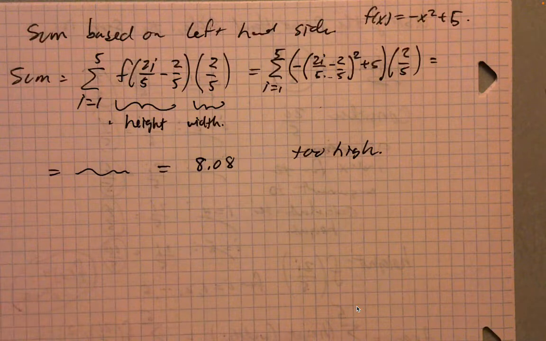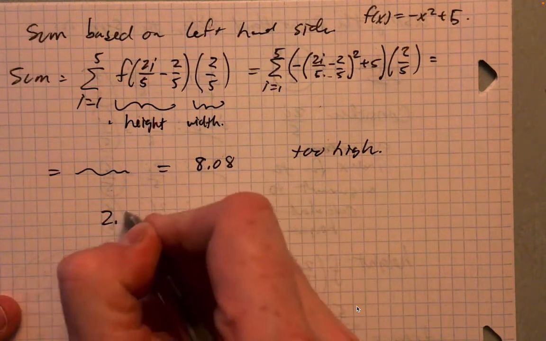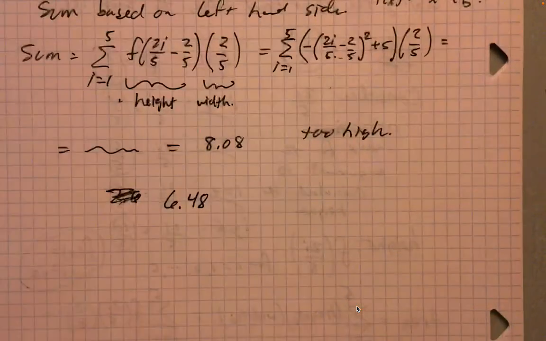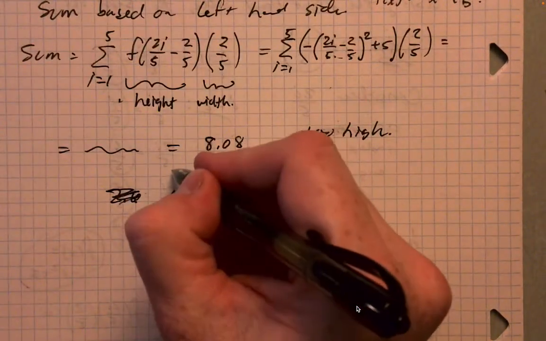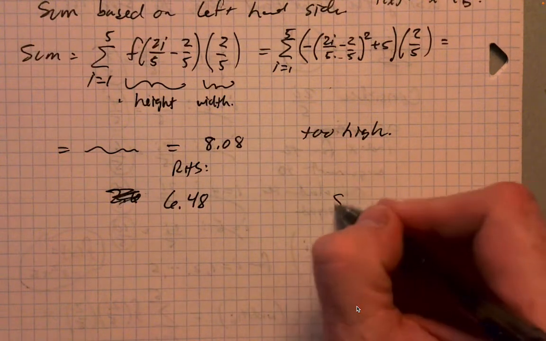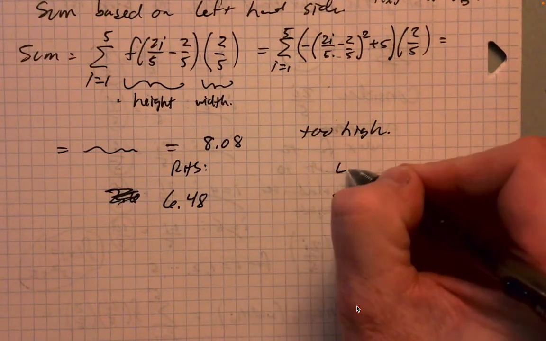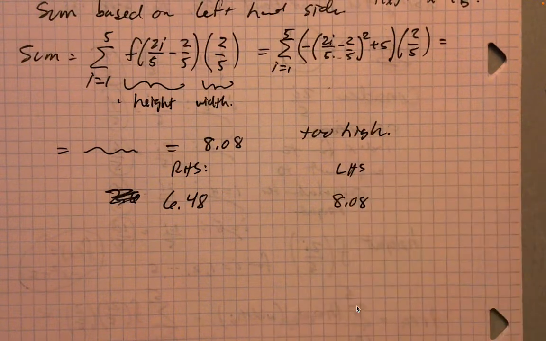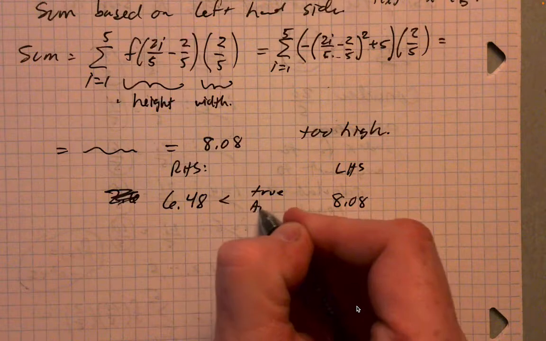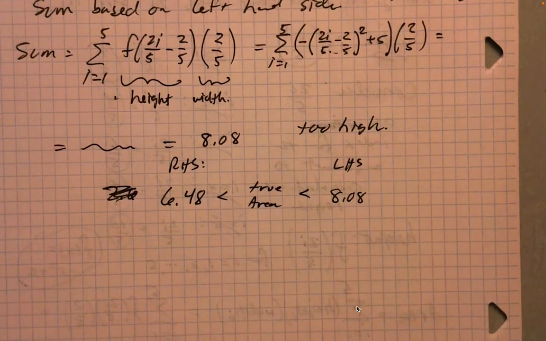Before we had 6.48 as our area using the right-hand side, and now we have 8.08 as the area using the left-hand side. Now the true area is somewhere between those two values.